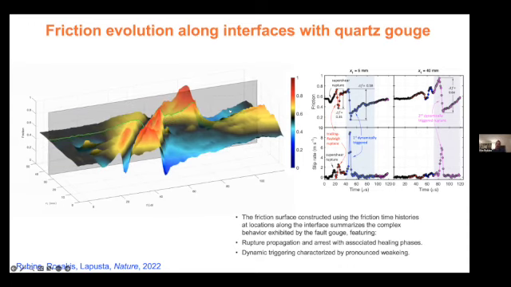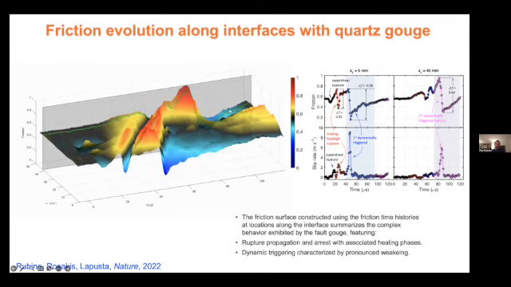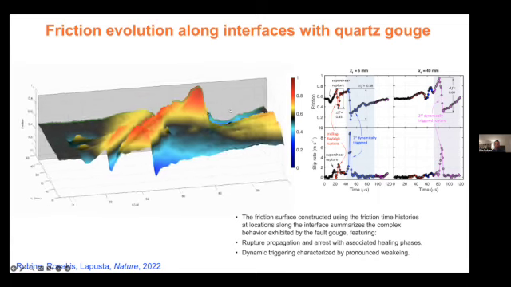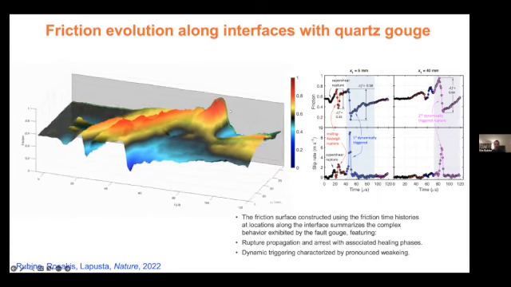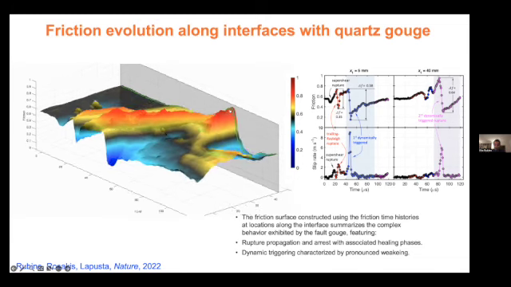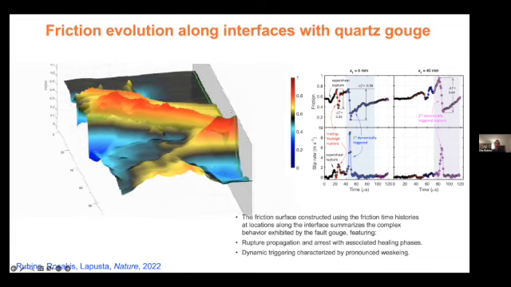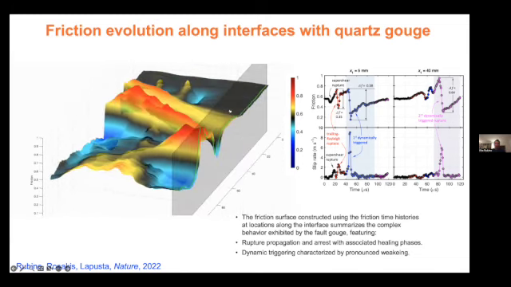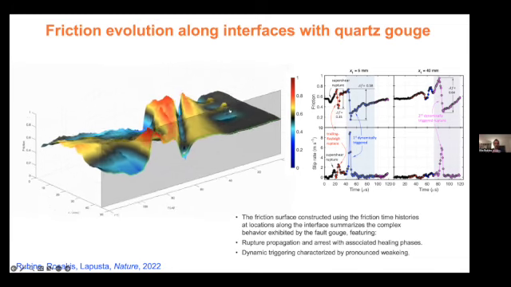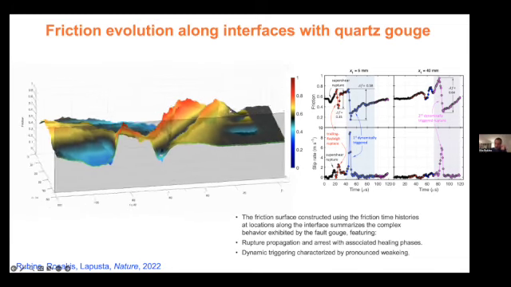So we have really come a long way from the simple notion of friction as linear slip weakening, or even just a simple evolution. It's a much more complex phenomenon that depends on a number of rupture complexities. So here we have the friction topography spinning, revealing all of the complexity.